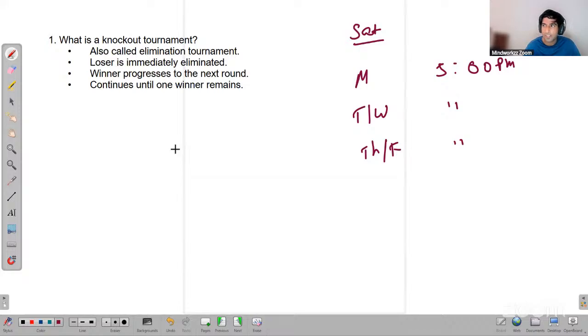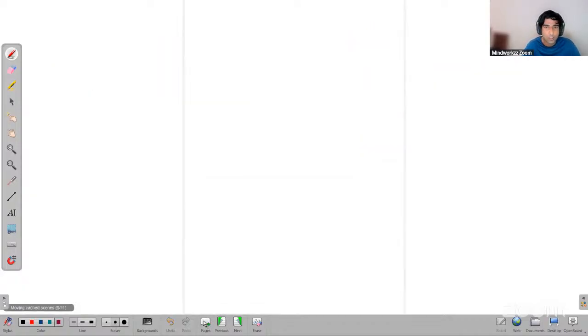Let's start off with what games and tournaments is actually about. This is an area in which people are very scared, and they are pretty afraid of this chapter because they are not able to understand how to apply the concepts. This is one of the few chapters in LR wherein you actually have concepts.